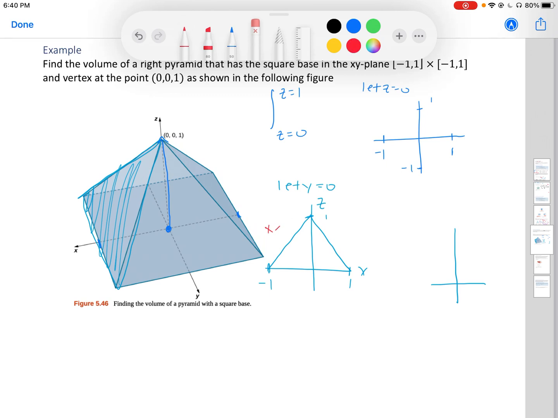No, that has a positive slope. So it would be x equals 1 plus z and x equals 1 minus z.